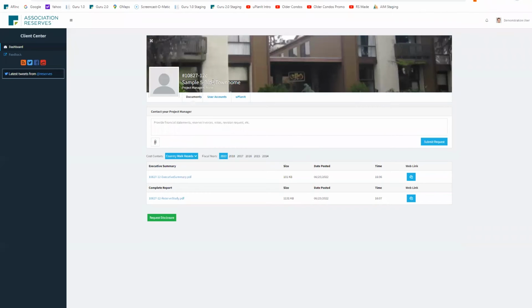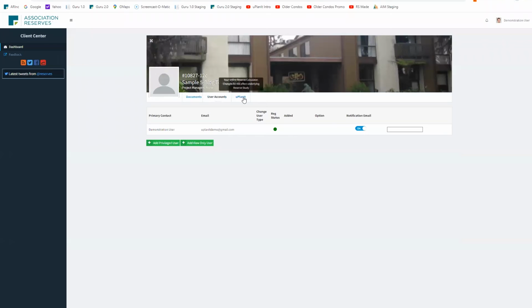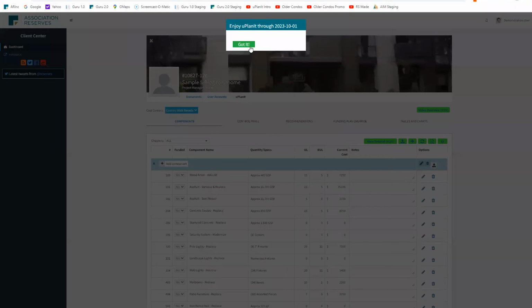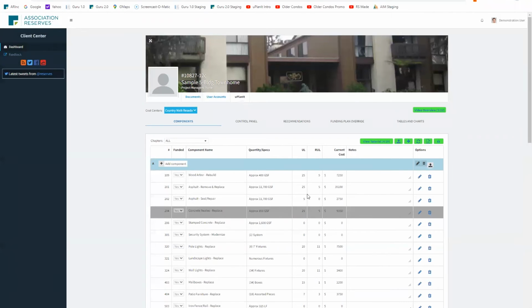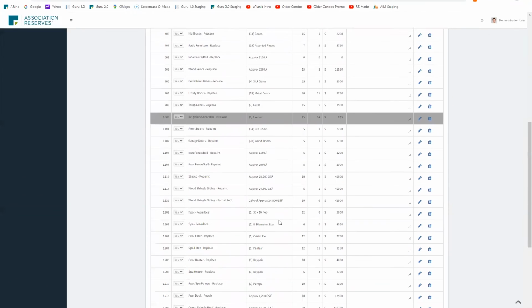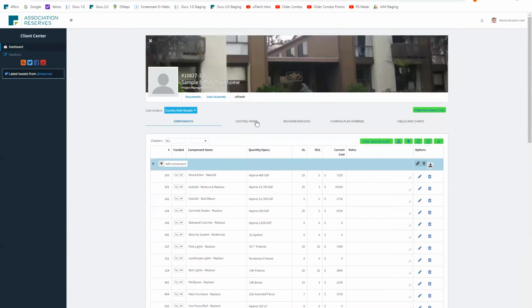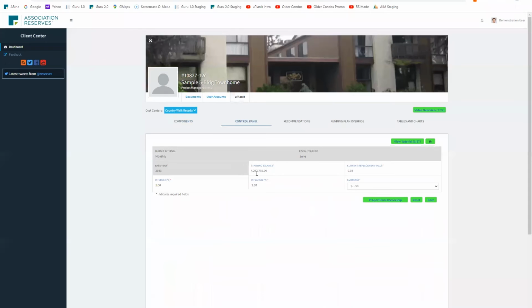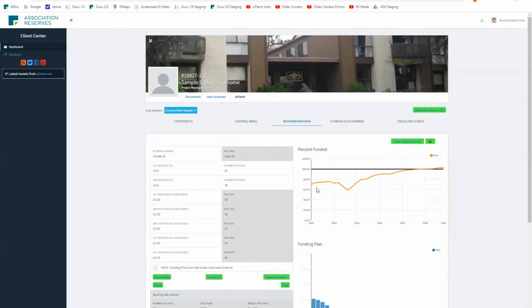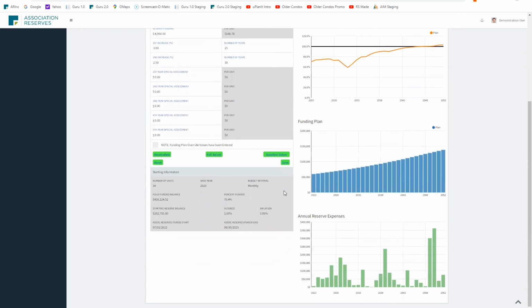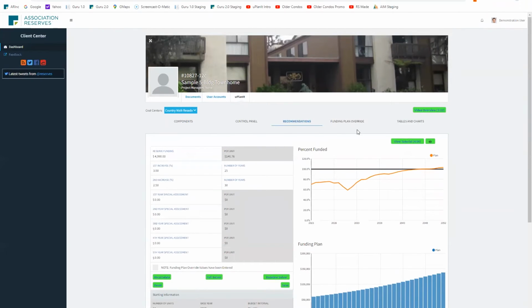You can see the reserve study here, user account management, and then You Plan It. So you see the components here. It's just a long list. Don't worry about reading that. Control panel is starting balance, interest, inflation. Recommendations is where we do the fiddling around, the figuring out, and the tables and charts.